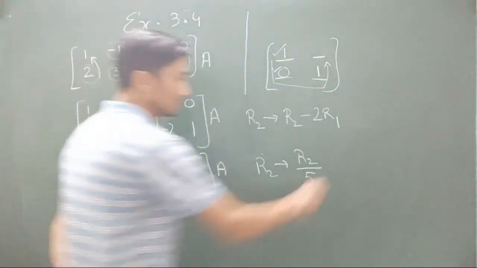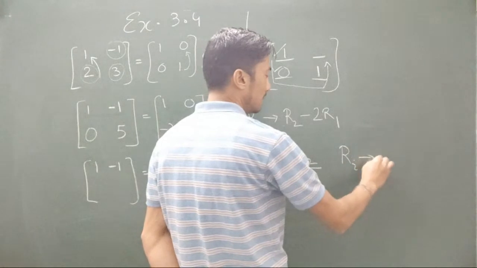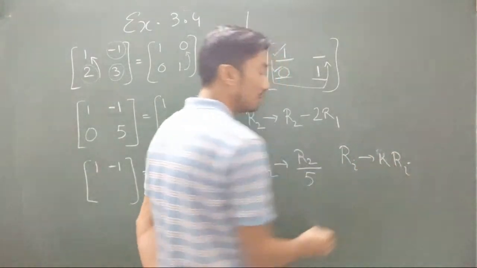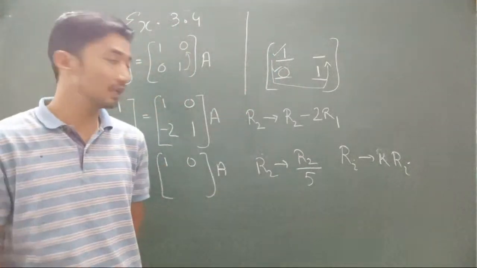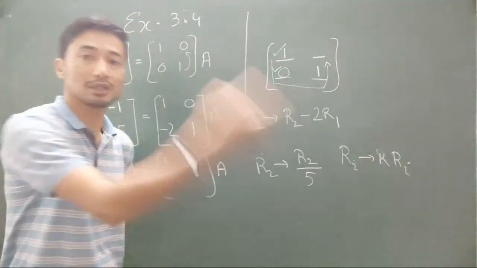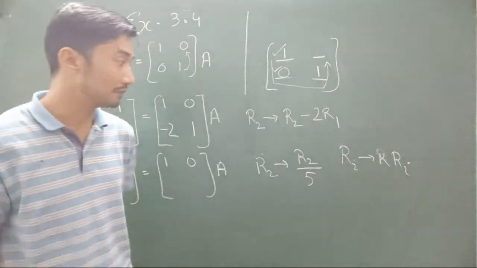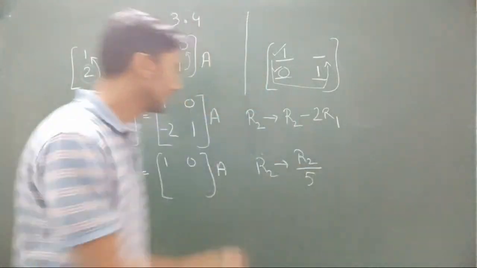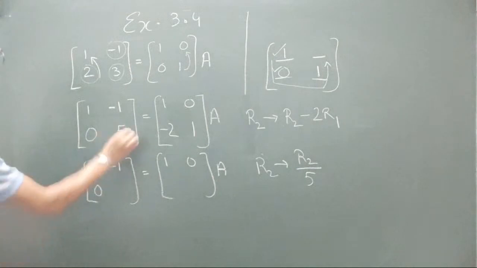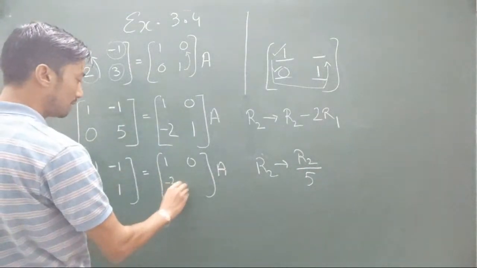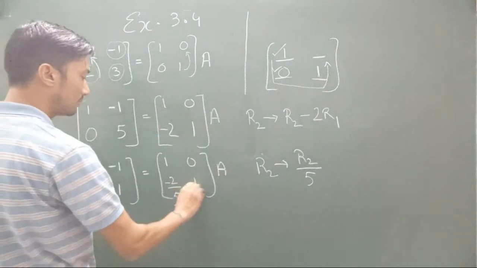That's what I say, in that operation, Ri can be multiplied by a scalar also. Multiplied by a scalar means I can multiply by 5, I can multiply by 10, I can multiply by 1 by 25. That can be done. So if I divide by 5, this is 1. Job done. Here, of course, the same operation, I'll have to divide. So it's minus 2 by 5, this is 1 by 5.